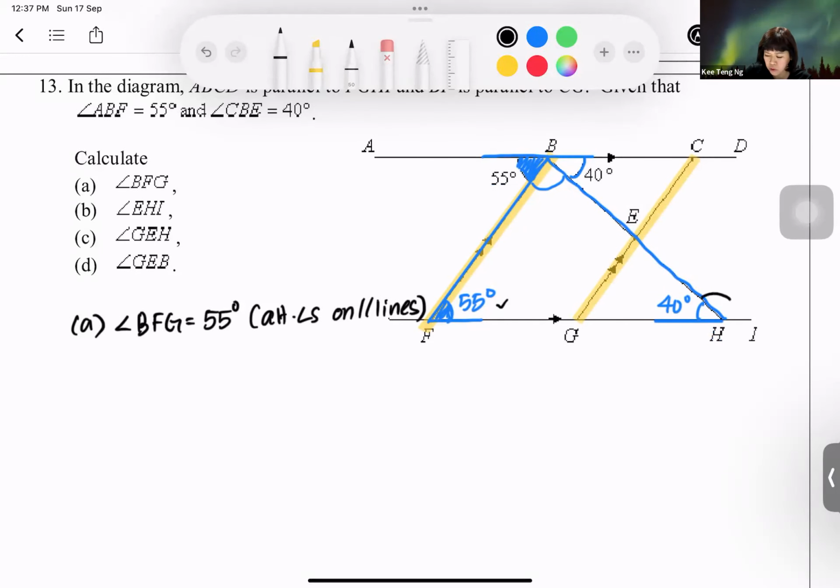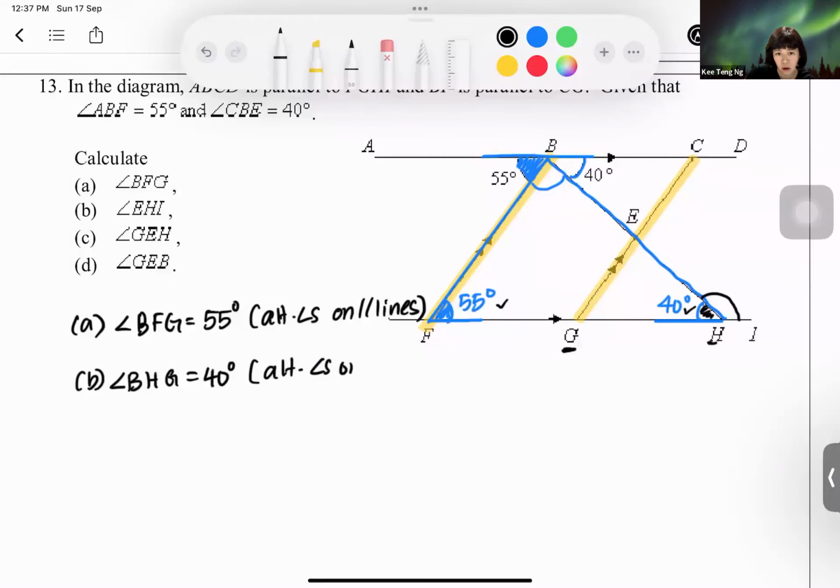EHI is the angle over here. I already know that this angle is 40 degrees, but let me state the reason first. Angle BHG, this angle here, is 40 degrees because it's alternate angles on parallel lines.